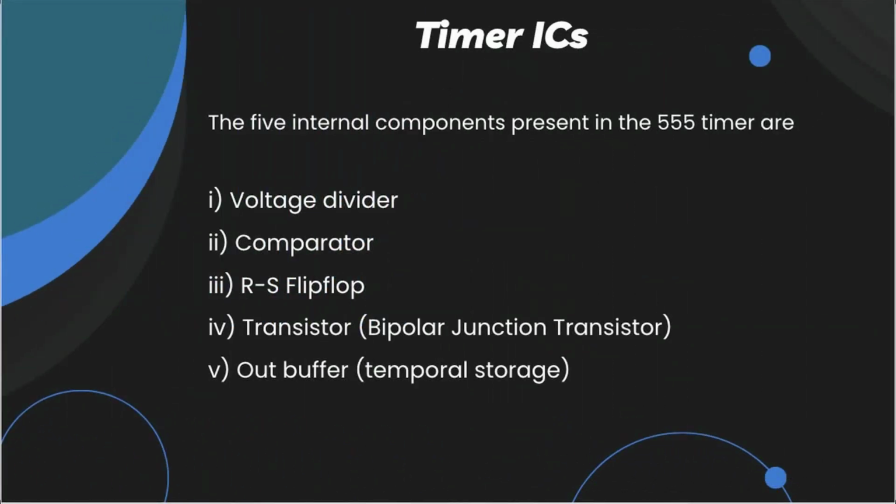The 5 internal components present in the 555 timer IC are voltage divider, comparator, RS flip-flop, transistor and output buffer. So the output buffer is a temporary storage. The RS flip-flop is also known as set reset flip-flop that can store a single bit of information, and it has 2 stable states, so it can be called a bistable multivibrator.